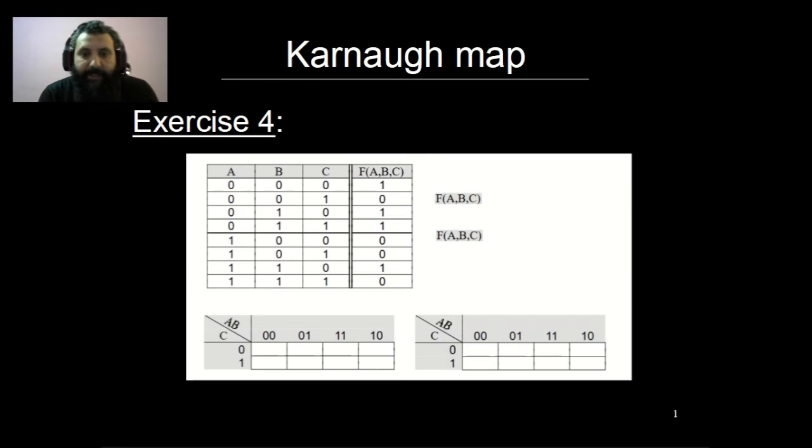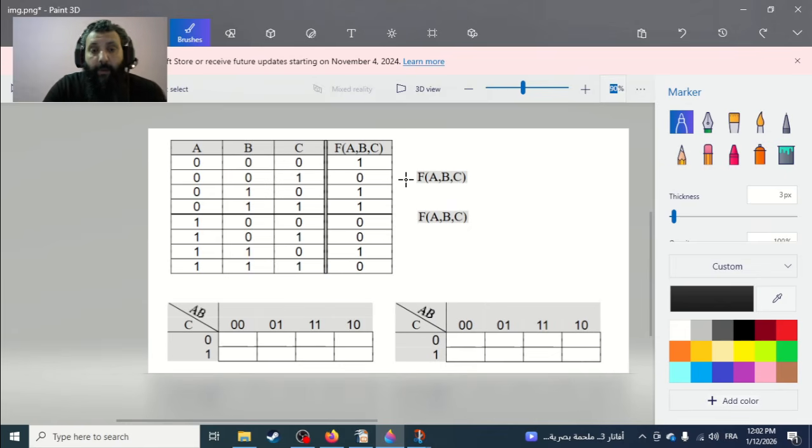Okay, let's start with the first one. Here is our truth table. In this function we have three variables A, B, C. Let's start with the first question, which is to produce the SOP, the sum of products.